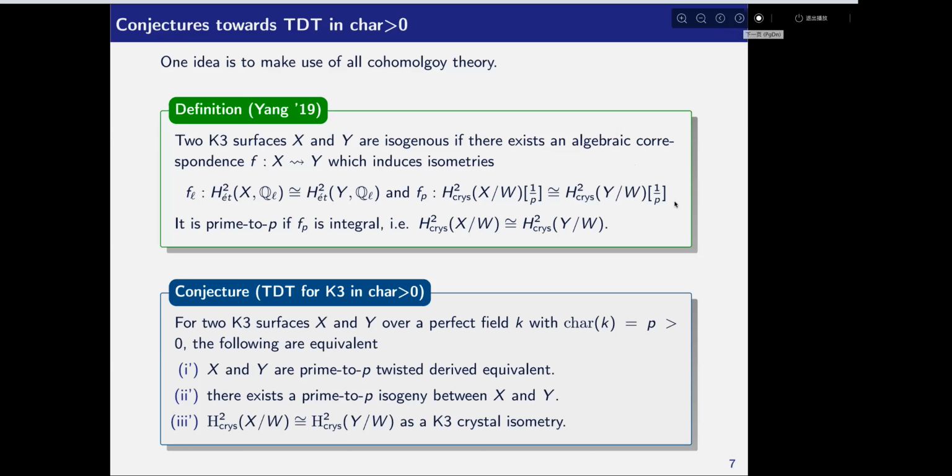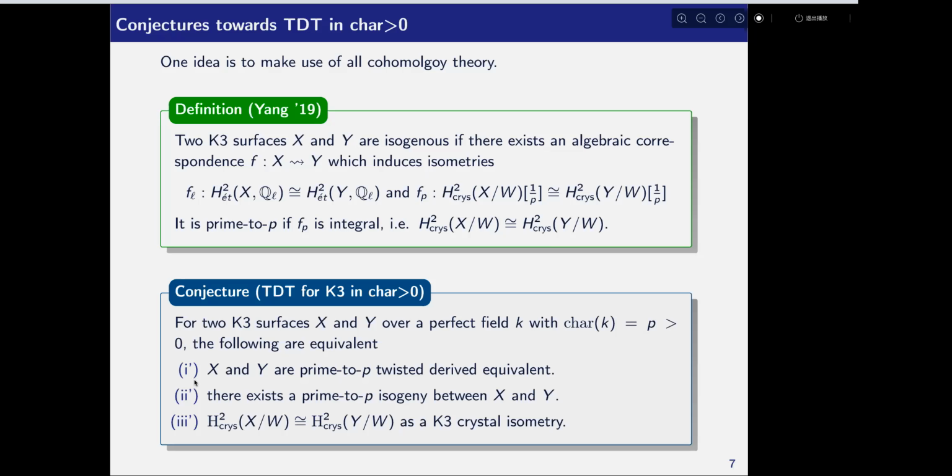I'd like to say what the relationship is between 1 prime, 2 prime, and 3 prime. First, 3 prime is the weakest, right? So 1 and 2 always imply 3. 2 implies 3 just by definition. The difficulty is the converse: 3 implies 2 and 3 implies 1.